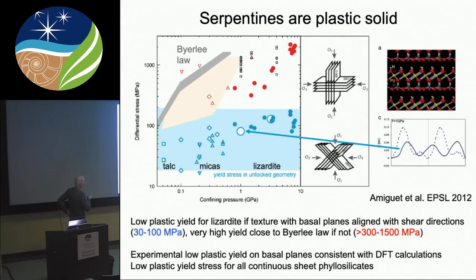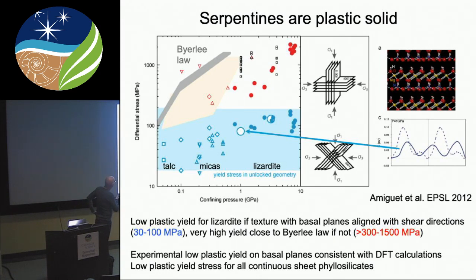So we have here in gray what is commonly called Byerlee's law, which is what you expect for frictional failure of dry rocks in the lab. We have here in black the results we obtained in antigorite, which range from a bit less than 1 gigapascal to a bit more than 1 gigapascal.